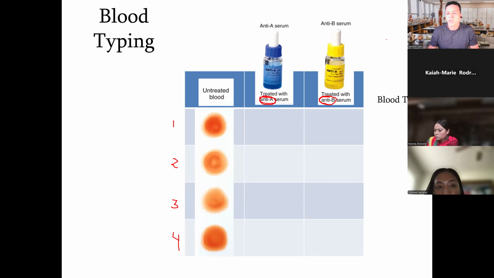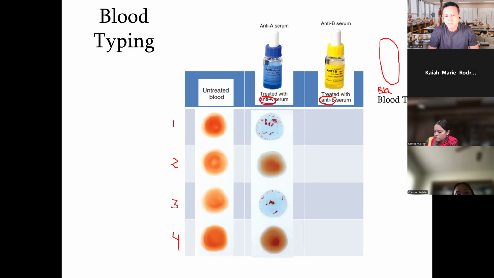And we also need a serum that contains the anti-Rh antibody, okay? Which is the antibody that reacts with the Rh antigen. All right, so let's try the anti-A antibody first. So I'm going to add a drop of the serum to each one of the untreated blood samples, right there.